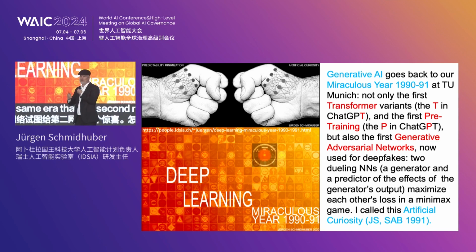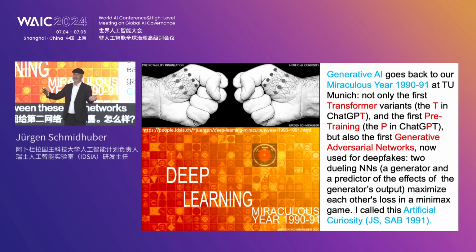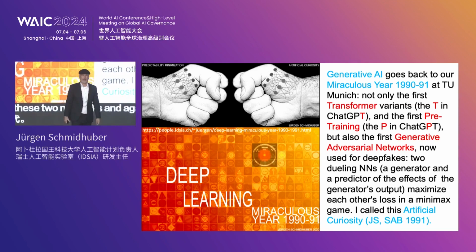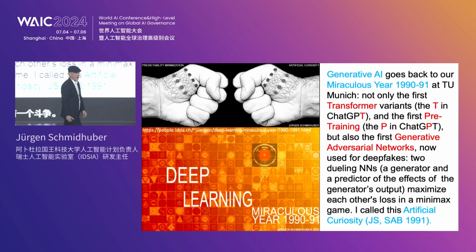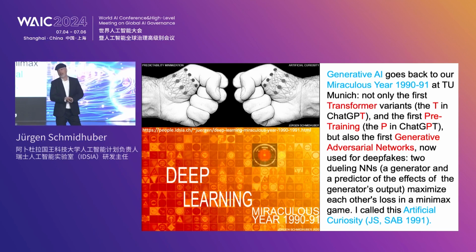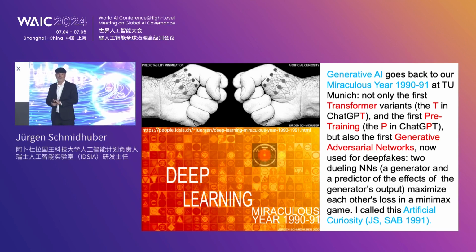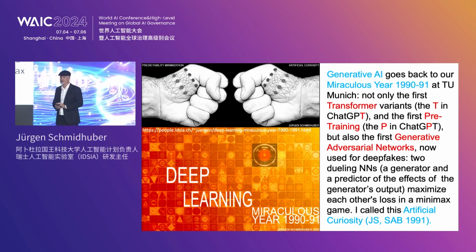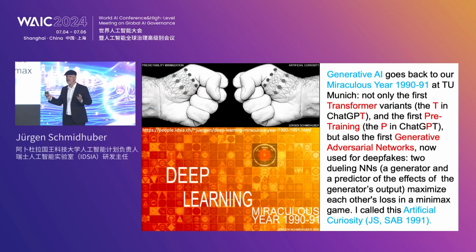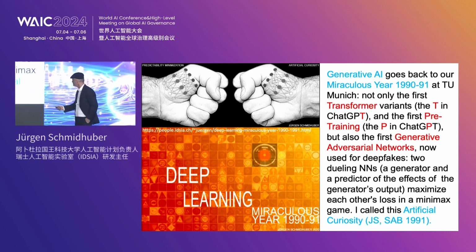So you have a fight between these two networks, and a game, a minimax game, and this is today very popular for making deepfakes, images that look very realistic. So I'm happy about the fact that the G and the P and the T in GPT all go back to our annus mirabilis, 1991 in Munich.